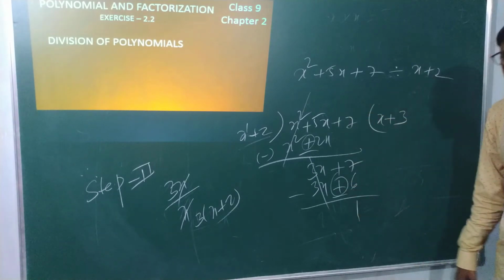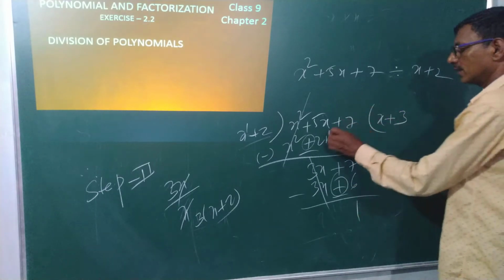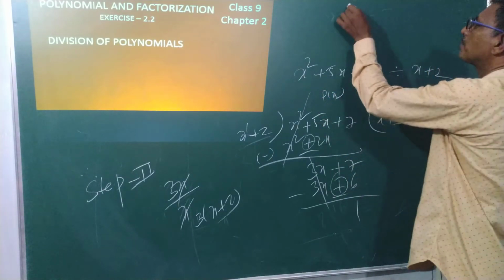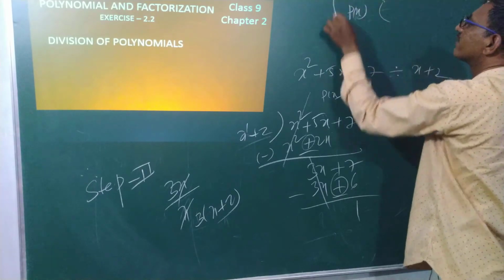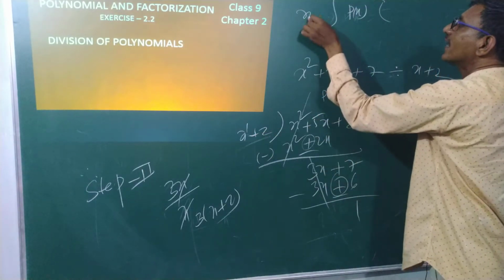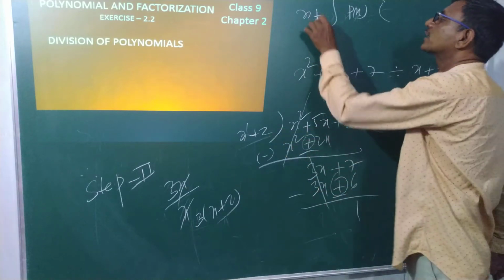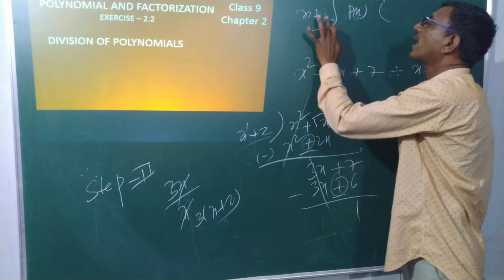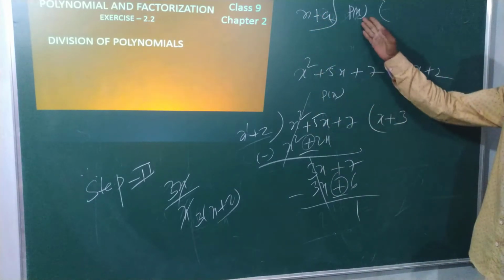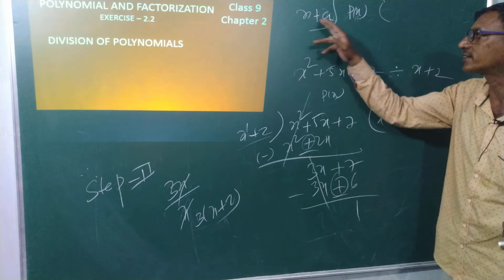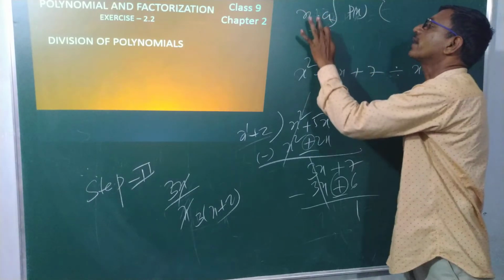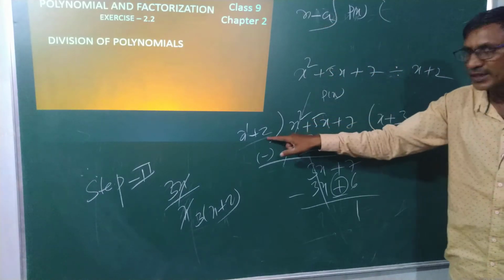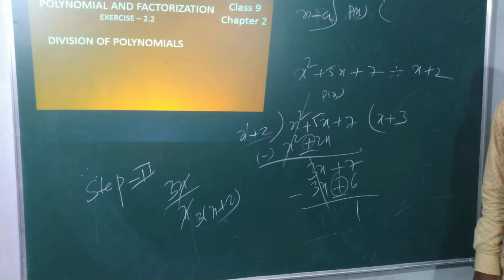So by this process, p of x is to be divided by x plus 2. But I would like to write a here. In general, this is my p of x and this is x plus a or x minus a, whatever it may be, where a is a real number. Here 2 is a real number and here a is my real number.